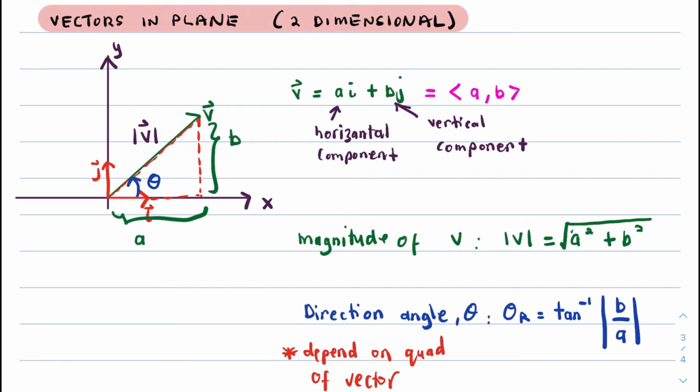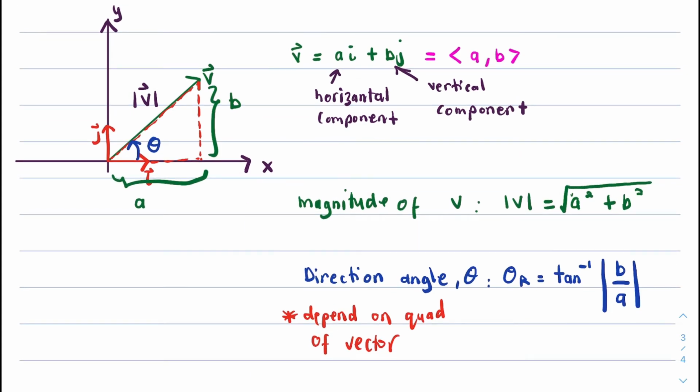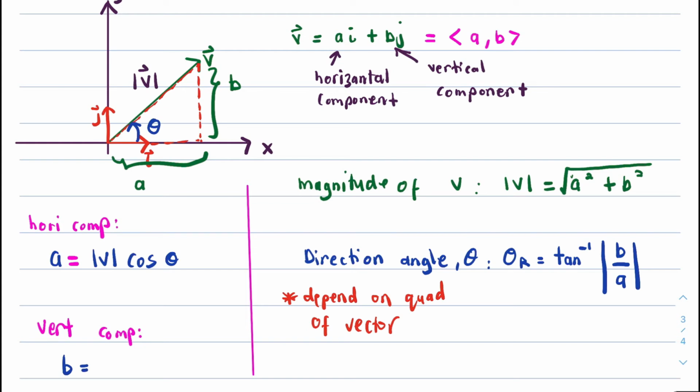Another thing you can know from this diagram is the horizontal and vertical components. Your horizontal component, a, is magnitude of v cosine theta. Now for the vertical component, b is equivalent to magnitude of v sine theta.